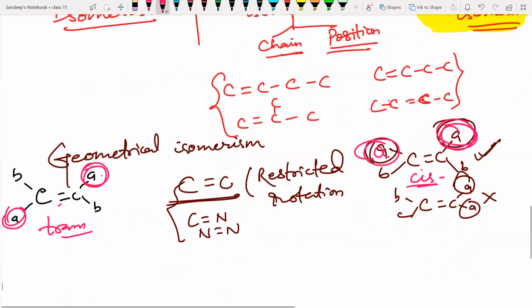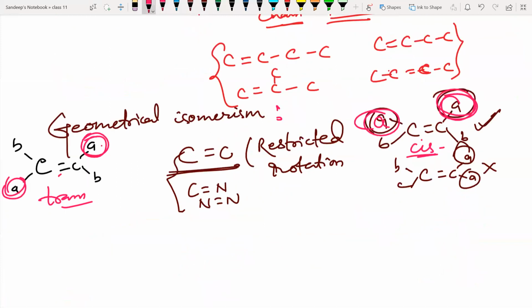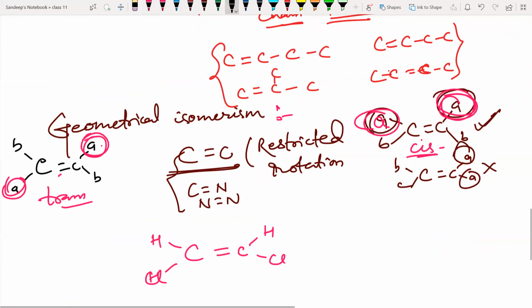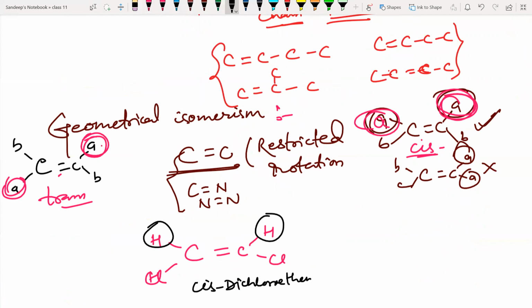So let me give you a few examples. Now these two compounds, you see properly. This is cis. It is called cis dichloroethene. So you can write cis 1,2-dichloroethene.